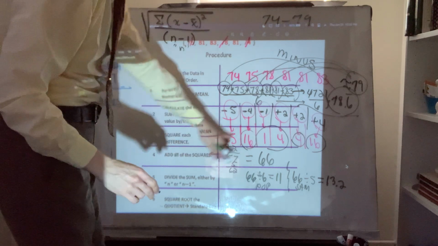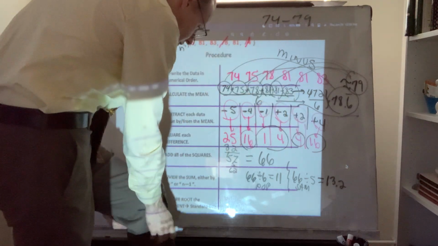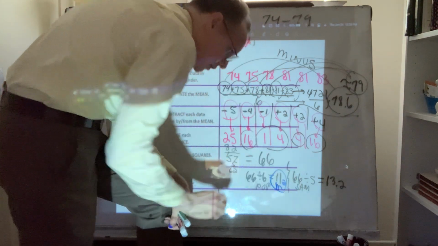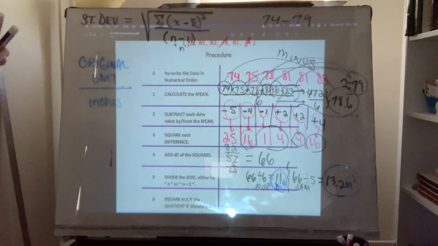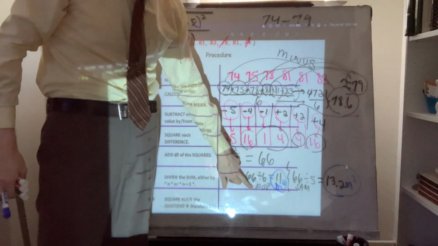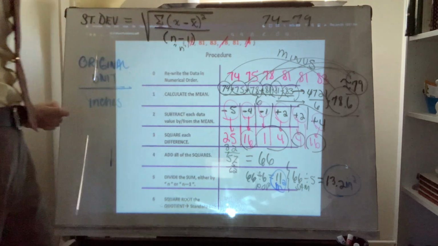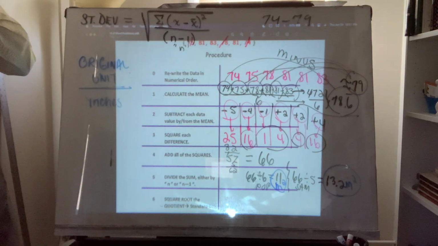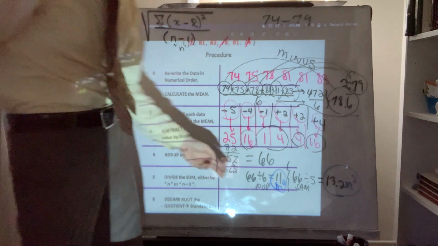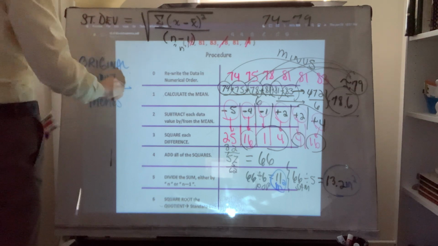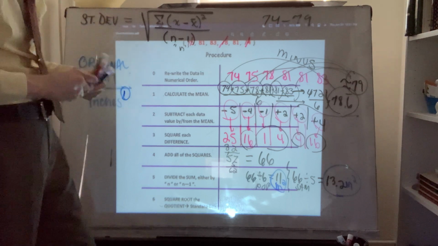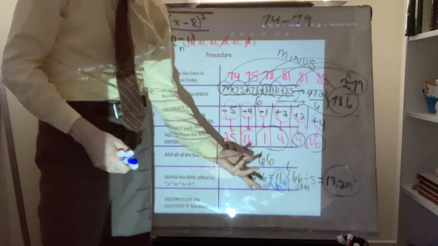Because of the squaring that had occurred earlier, what you in theory would have here is inches squared, which would be an area, whether you had taken a population into consideration or a sample. So to take it one step further, to return it to the degree of unit that it would be, degree 1, we're now going to undo the squaring as an afterthought, essentially.